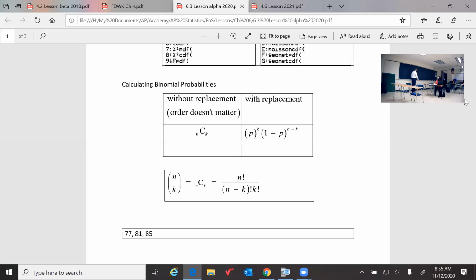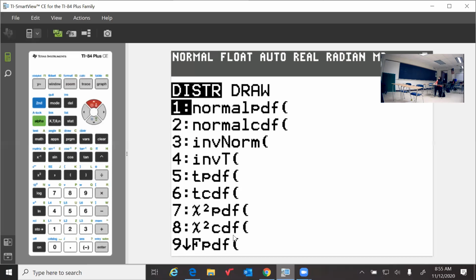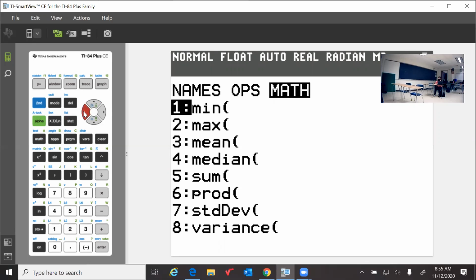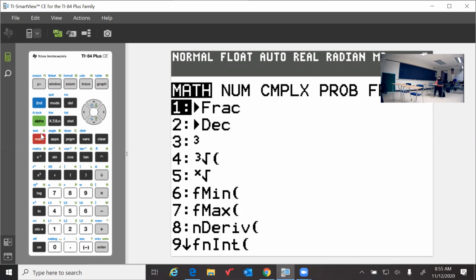So on your calculator, ready? Now, it depends which calculator, what operating system you have. So if I go here, and I go to second step, math. Math PRB. Okay, here we go.